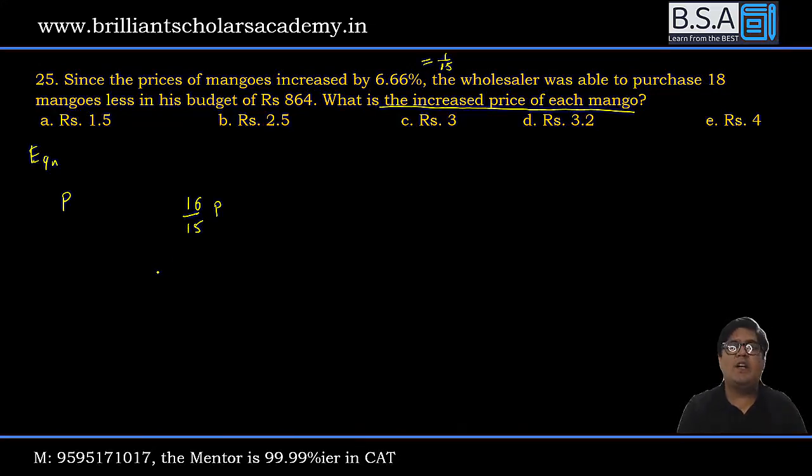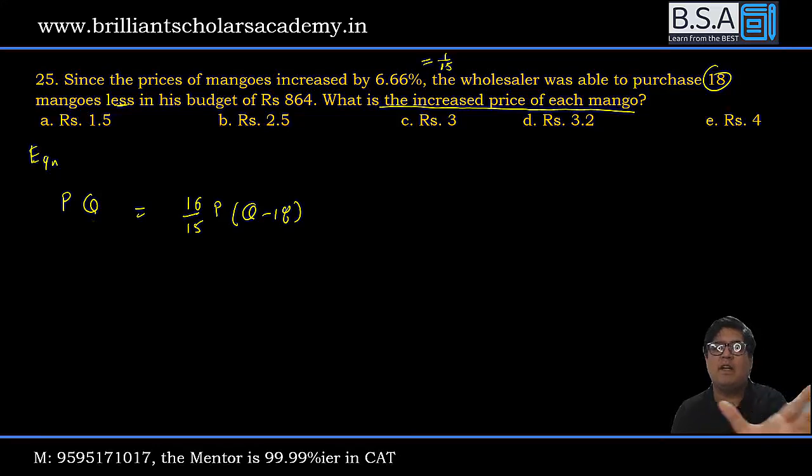पहले कितना quantity था? Q. How much is the change in the quantity? 18 quantity less. So Q minus 18. Price into quantity is equal to खर्चा, expenditure. बराबर कर दो दोनों साइड से, equate from both sides.